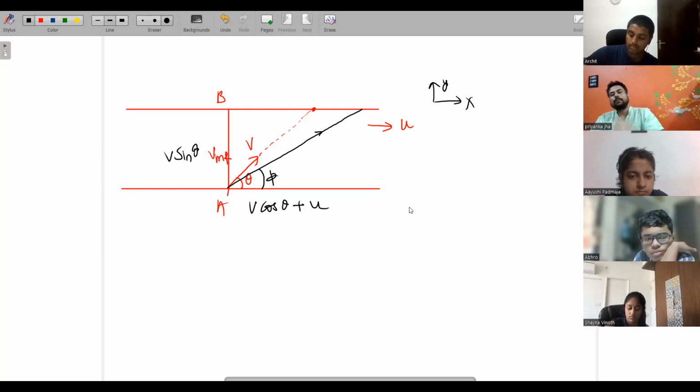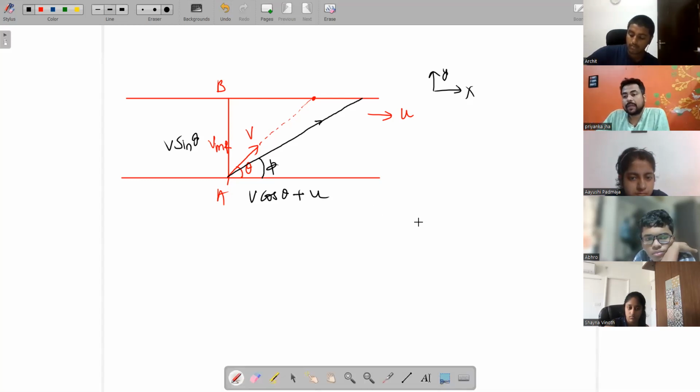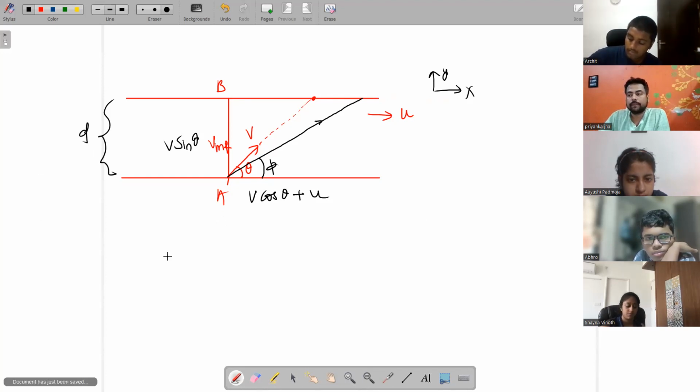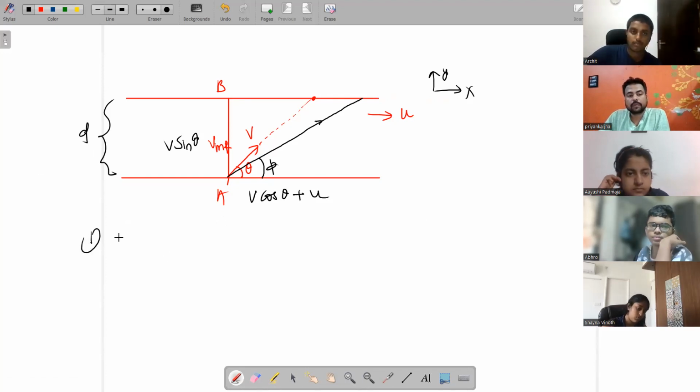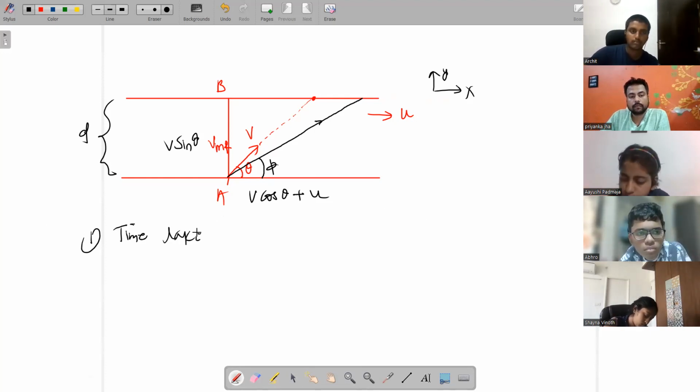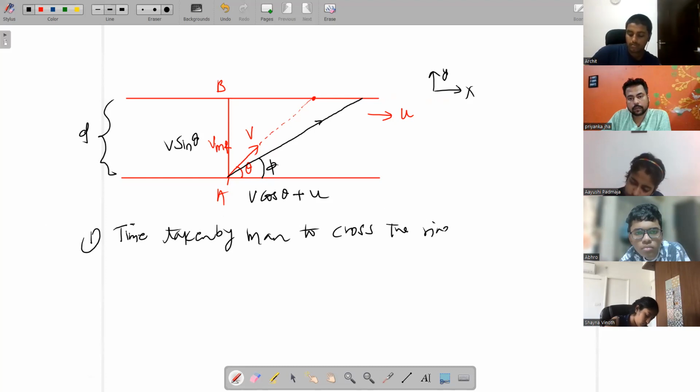Now, suppose I want to find the time taken. Suppose the width of the river is d. So the first thing you have to find is the time taken by the man to cross the river.